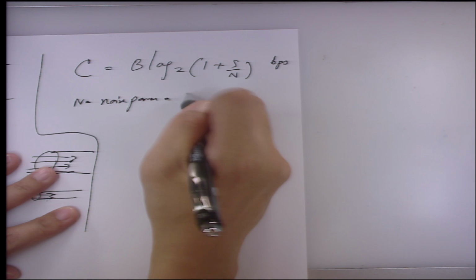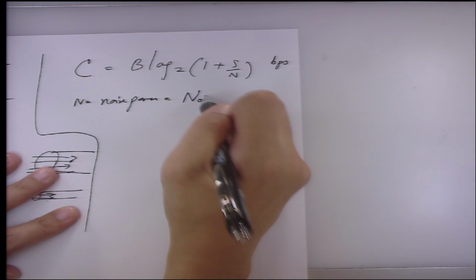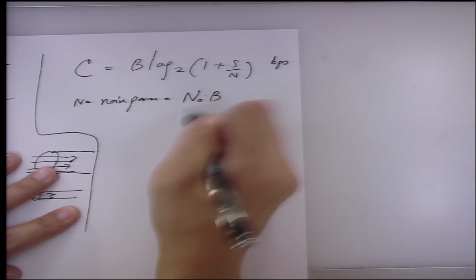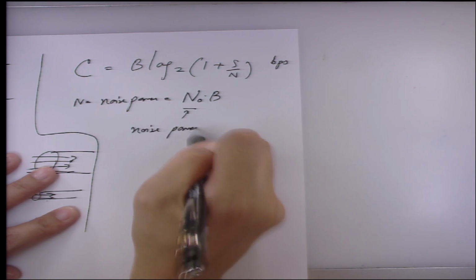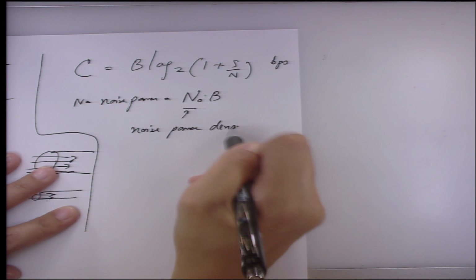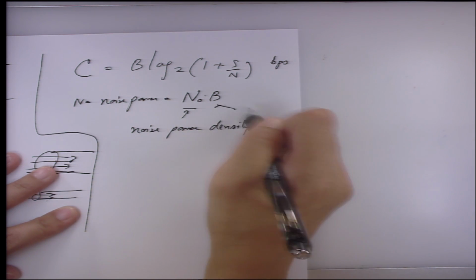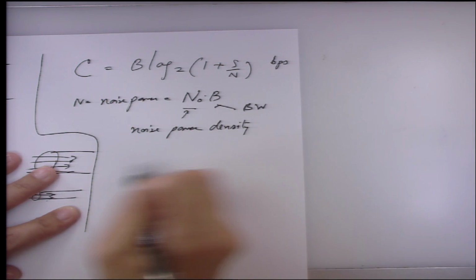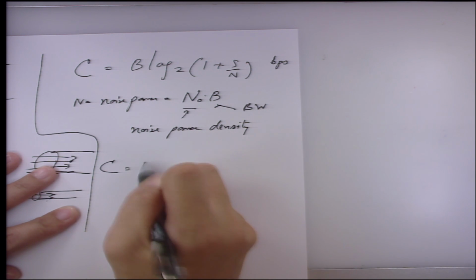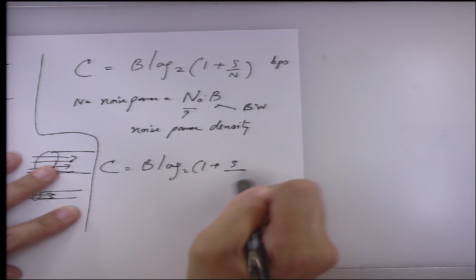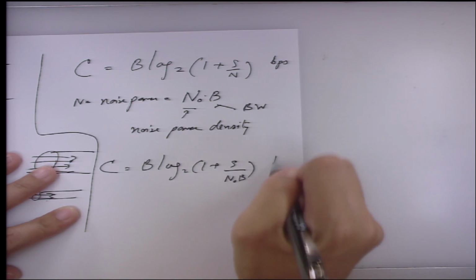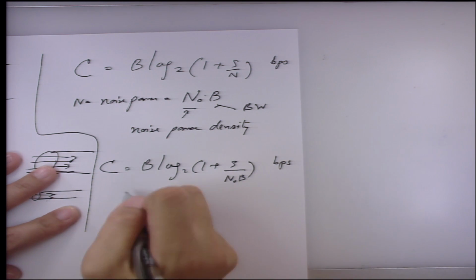Noise power is equal to N naught multiplied by B, where N naught is the noise power density and B is the bandwidth. So we can rewrite this as B times log base 2 of 1 plus S over N naught B, bits per second.